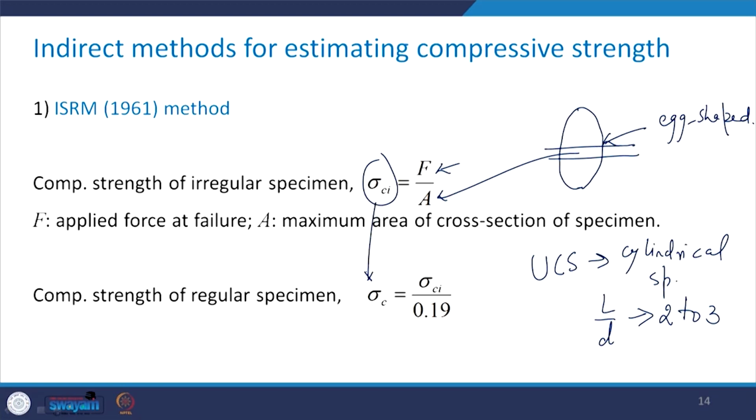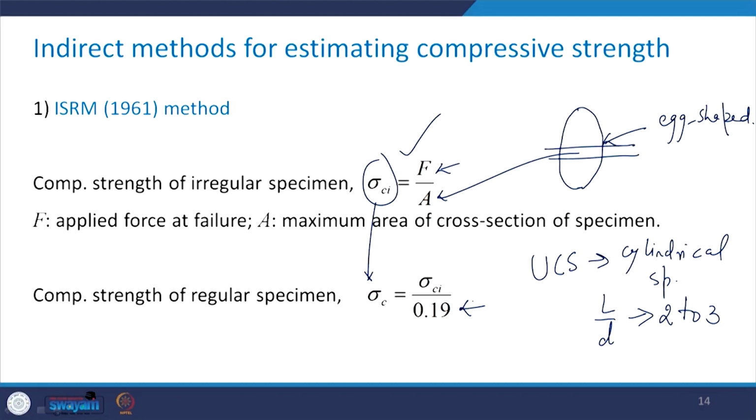Whatever you get from this step is divided by 0.19, and this gives you the regular specimen's compressive strength. So this is the method that was given by ISRM 1961.